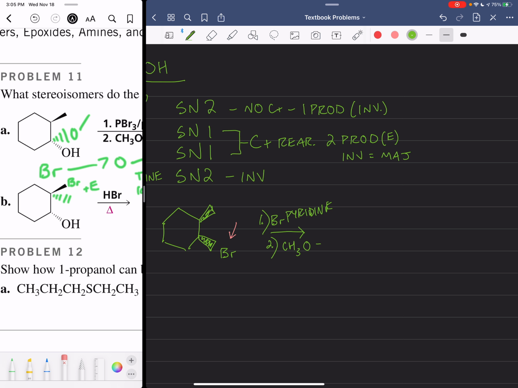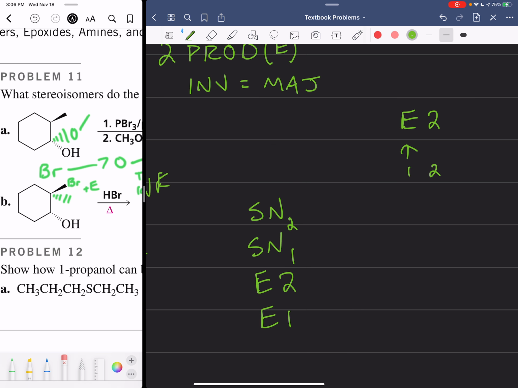And now we really need to remember what goes under secondary for alkyl halides. SN2, SN1, E2, and E1. E2 has two letters that goes under primary and secondary, as well as SN2.